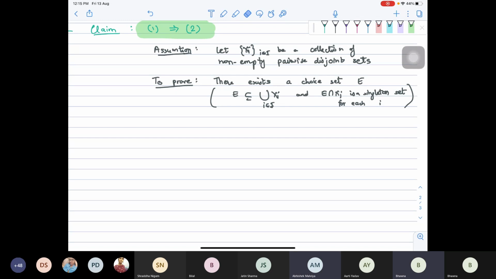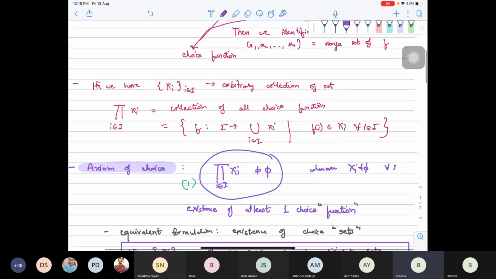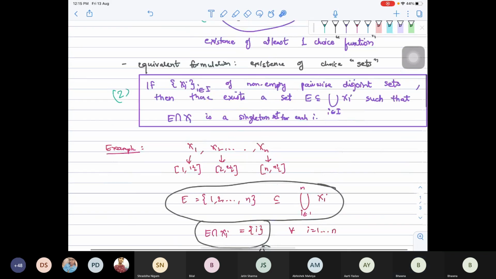Very good, Abhishek. See, I wanted to prove something, but I should make use of the fact that I am given something. We are provided that 1 holds. What was 1? 1 says that if I have a non-empty collection of sets, then there always exists a choice function.